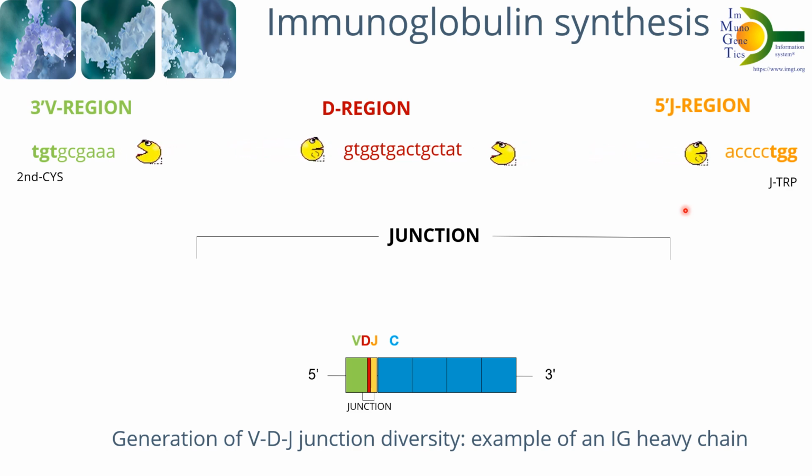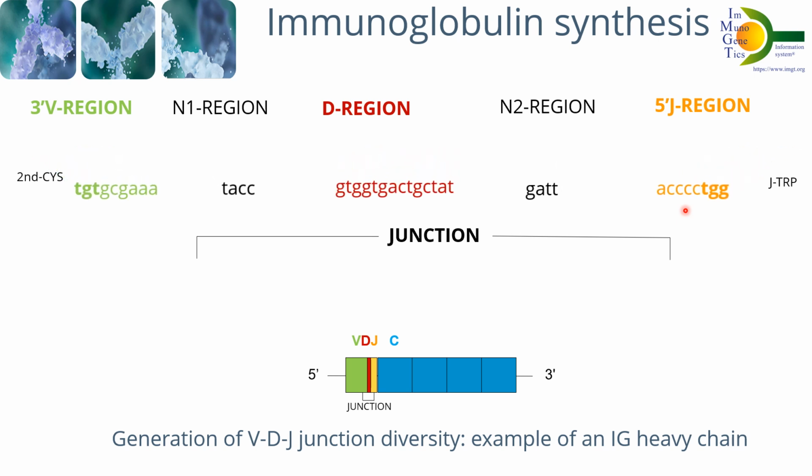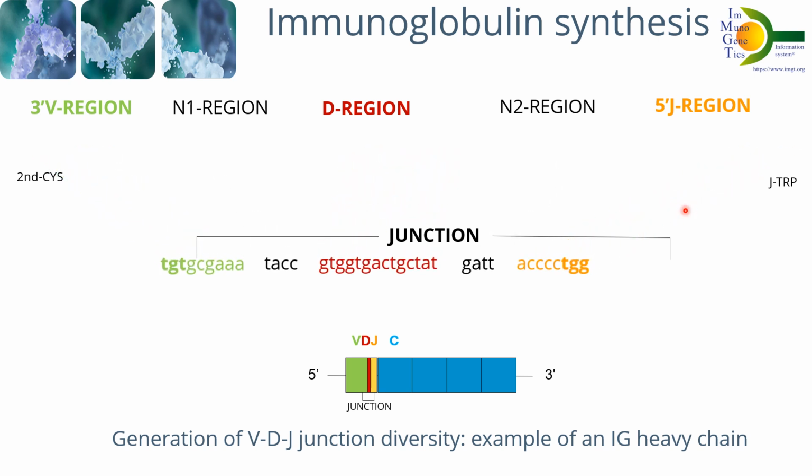The exact number and nature of the nucleotides to be trimmed is not predefined. Additionally, there is another enzyme, which is called TdT, which will randomly add nucleotides. This process might seem like a significant energy expenditure. It contributes, however, to the extensive variability observed in the number of immunoglobulins and T-cell receptors.